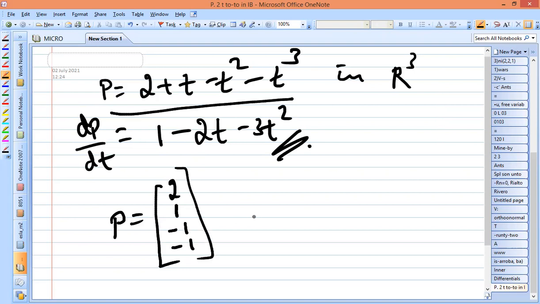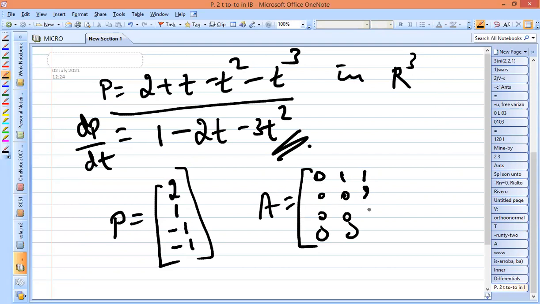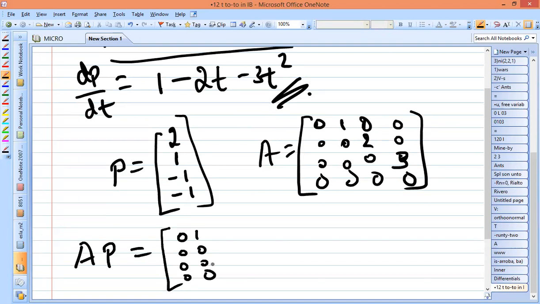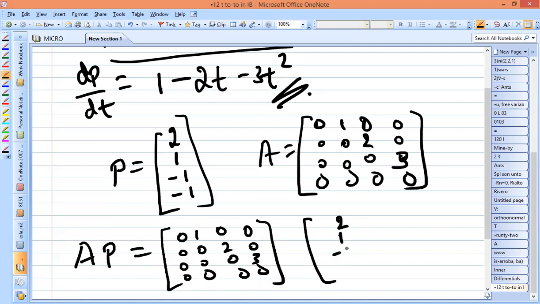This is P. Next we have to write A. The same matrix from the previous problem has to be considered here: 0 1 0 0, 0 0 2 0, 0 0 0 3, and a row of zeros. Now consider the product of A and P, the matrix multiplied with 2, 1, minus 1, minus 1.